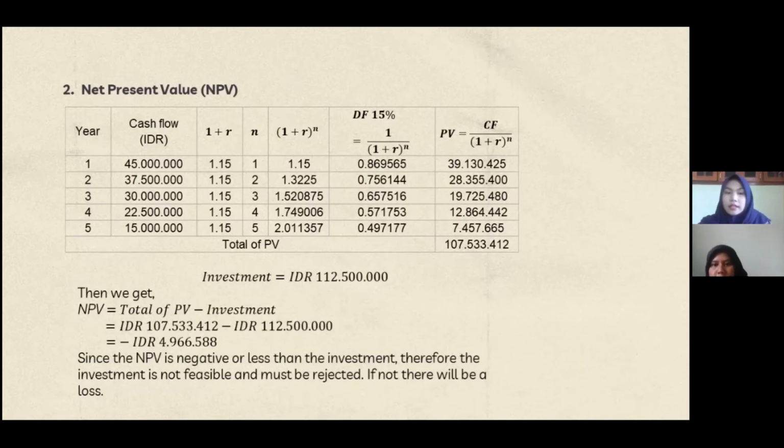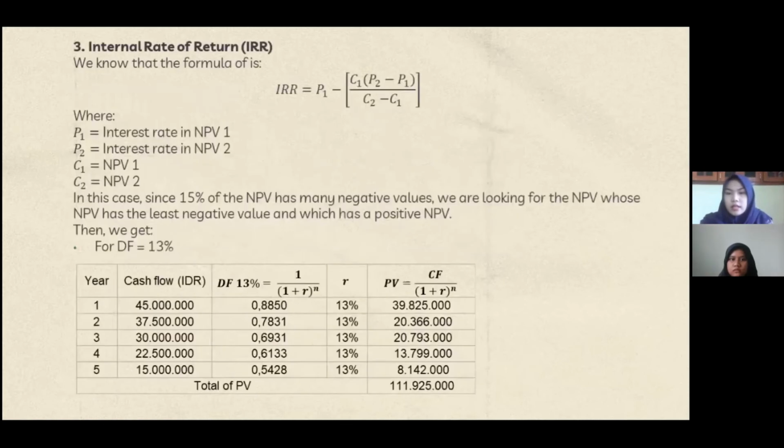So we get minus 4,966,588, and the investment must be rejected. The next will be explained by Afiliani Hanif Salma. Please, Salma. Okay, thank you, Anna.